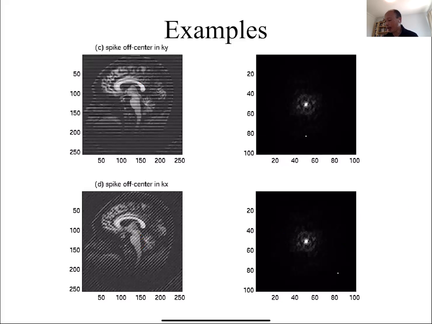Here, I've just added a k-space component here. I can imagine drawing something here, and I know I'm adding lines like that, so this image now will have these horizontal stripes in it. Here, I've added some energy out here in k-space. If I add that, it's going to add diagonal stripes to my image. These are called corduroy artifacts.